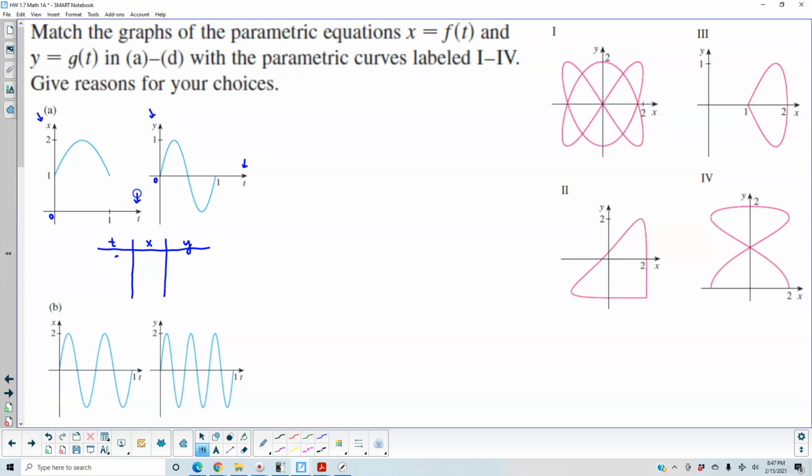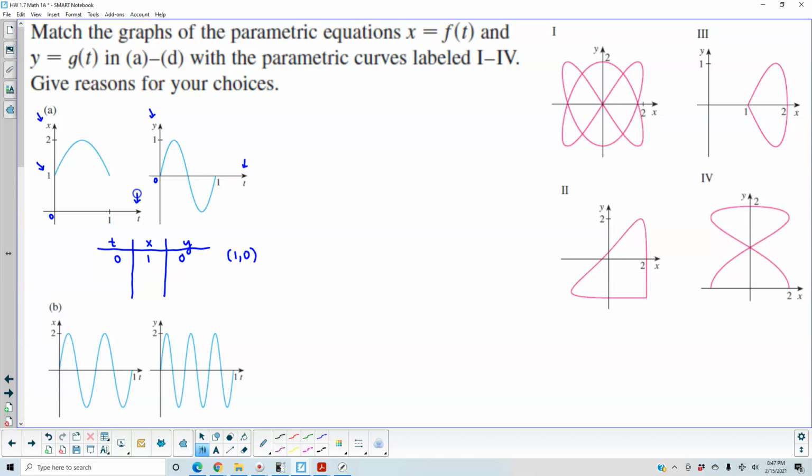Okay, so if we look at t and we see when it's 0, what is the value for x? Well, it's 1. And then what is the value for y? Well, it's 0. We can at least determine that when t is equal to 0, we have an ordered pair of 1, 0.